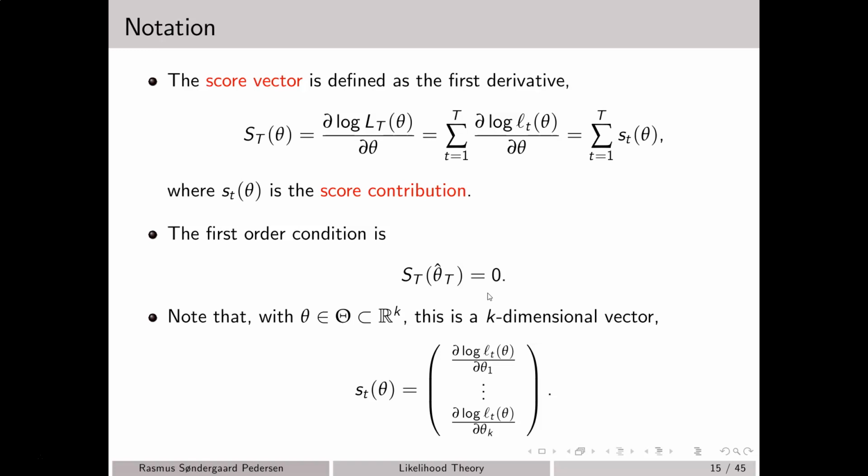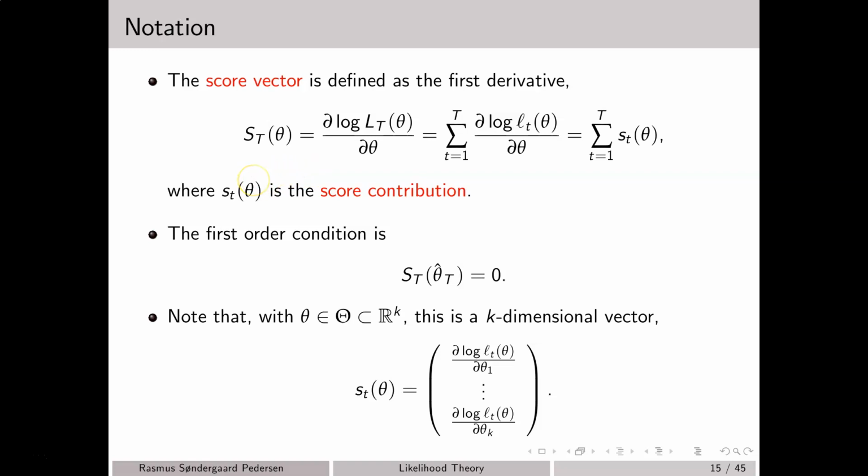Next, we consider some convenient notation. The so-called score vector is simply the first derivative of the log likelihood function. Again, by definition, this gives us the sum of the first derivatives of the log likelihood contributions, and these first derivatives we may label as the score contributions.